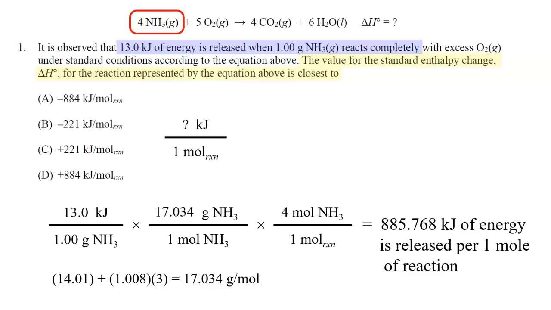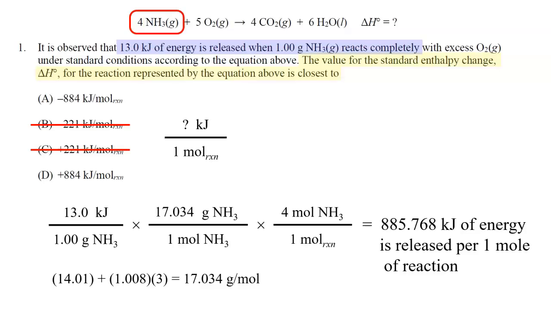Now, looking at the 4 answer choices, I can already eliminate choices B and C because the magnitude of the value is 221. And even though 884, which is featured in both choices A and D as a magnitude, is a little bit different than 885.768, it's close enough that we have narrowed down our answers to either A or D.